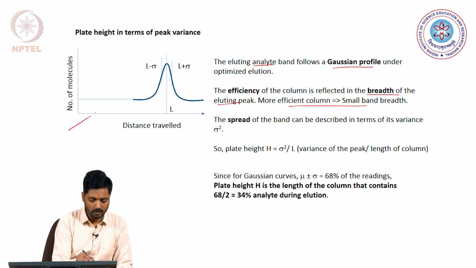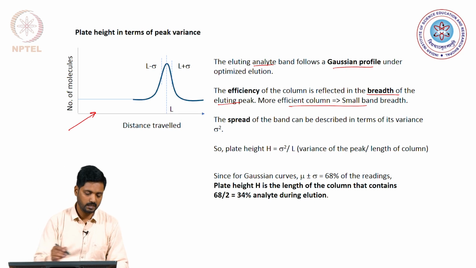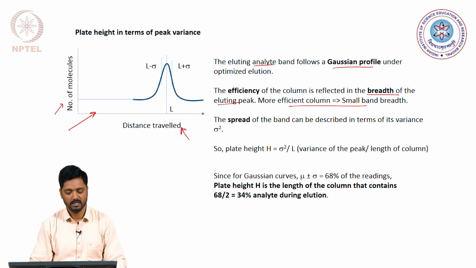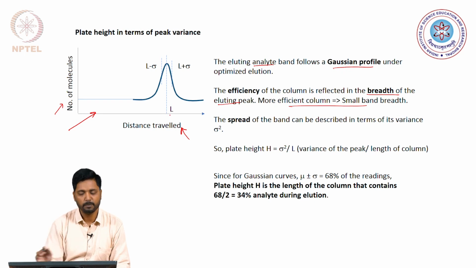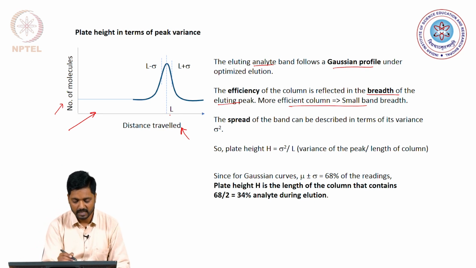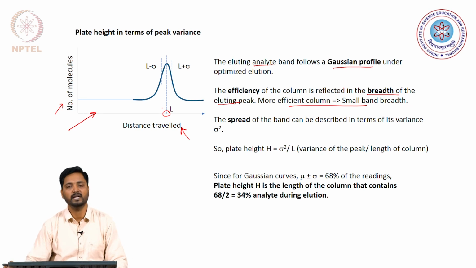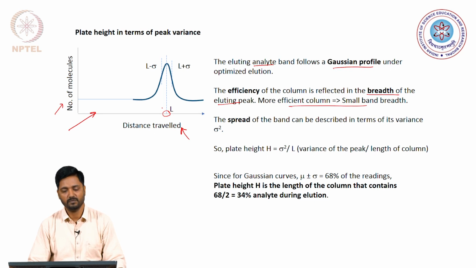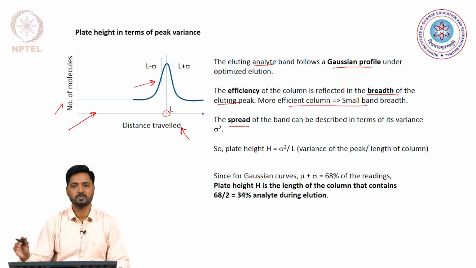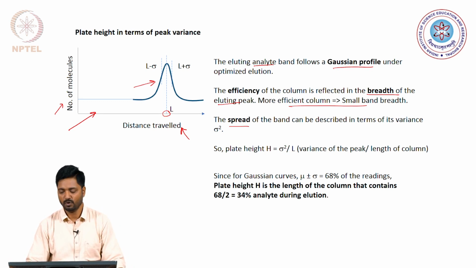Here on the left hand side we have simply plotted the number of molecules that come out against the distance that they have travelled inside the column, and what we have plotted is the migration of the solute or the analyte immediately outside the column of length L. This point is in terms of L, the distance the solute needs to travel to come out of the column, and the spread of this band can be described in terms of its variance.